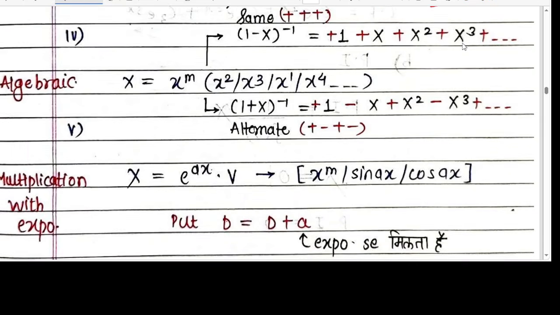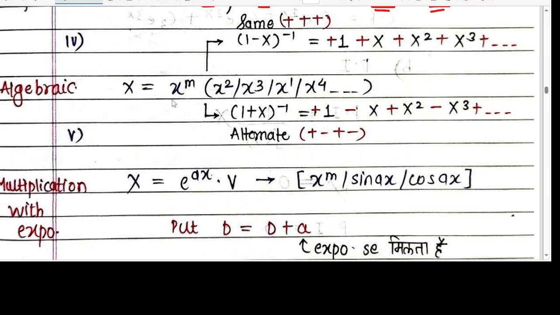Next case is, suppose x raised to m is there. First of all, we have to write in ascending order of D, and we have to express it like 1 plus x, or a function of D sometimes, or minus also, raised to n, and we have to use the standard results of expansion. 1 plus x raised to minus 1 means 1 minus x plus x square minus x cube and so on.